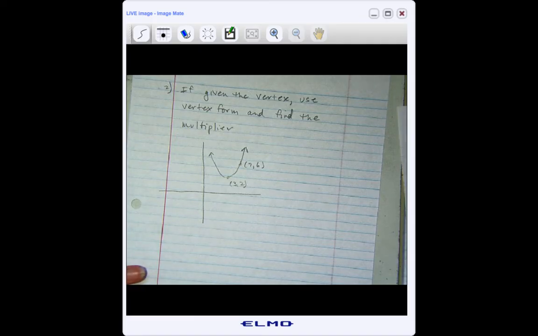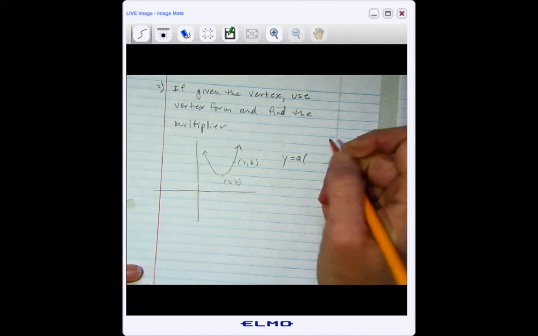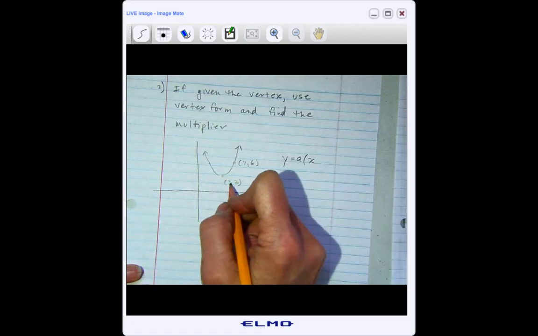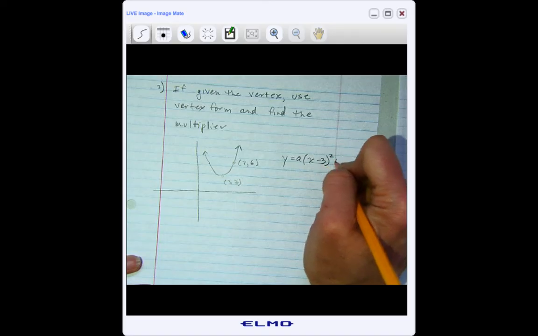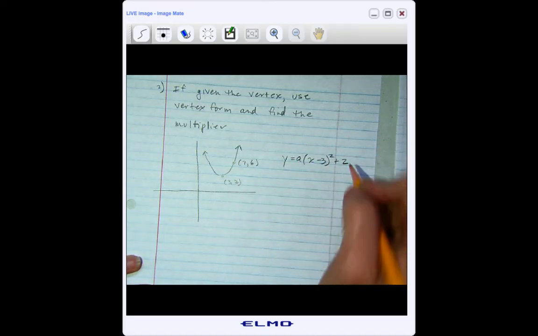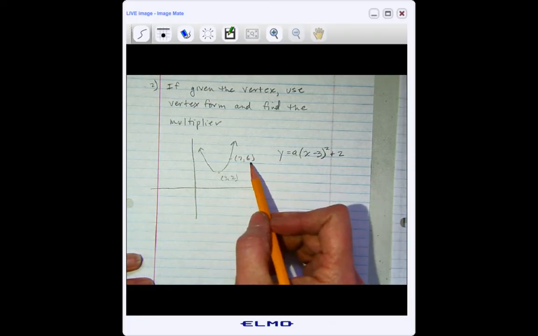And I'm going to start with y is equal to a times x minus 3 squared plus 2. Okay. All right, now I'm going to replace my x with 7 and my y with 6.